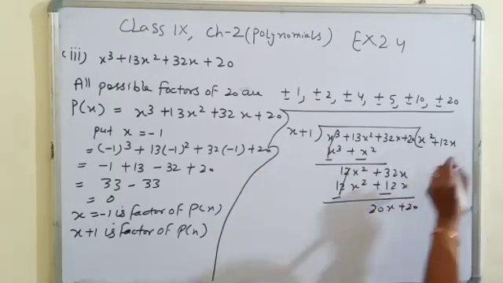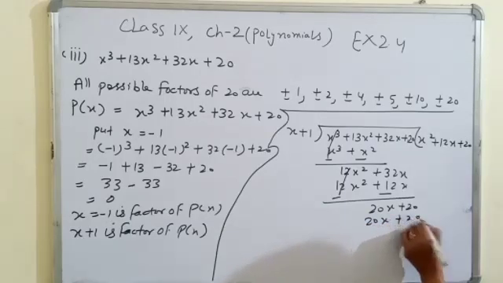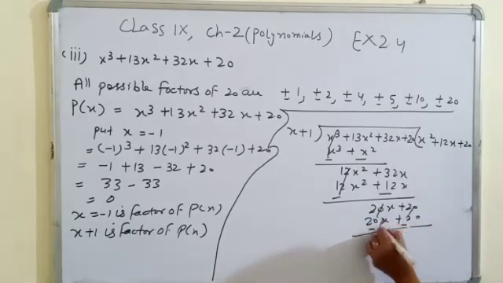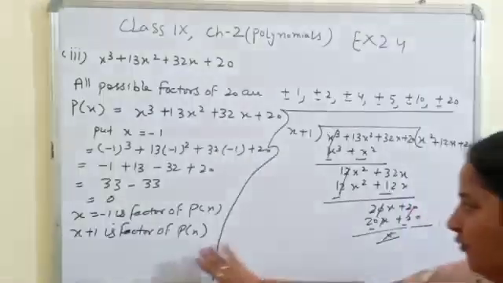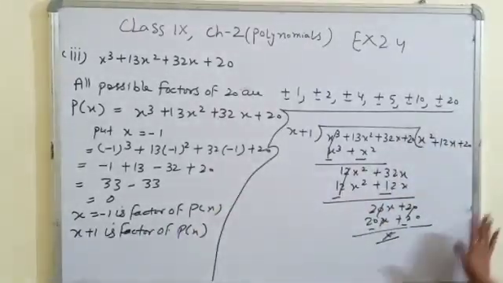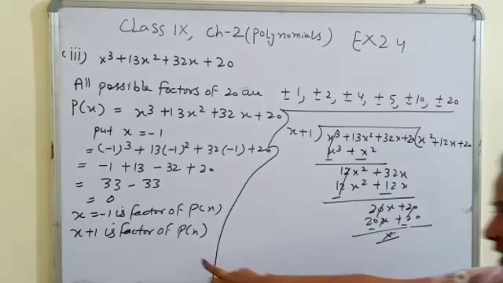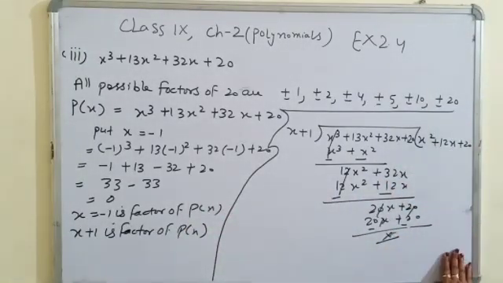Again we multiply by 20. The result is 0, the remainder is 0 here. So x plus 1 is a factor of the given polynomial. So our division is right, because after dividing by x plus 1, the remainder should be 0, which it is.